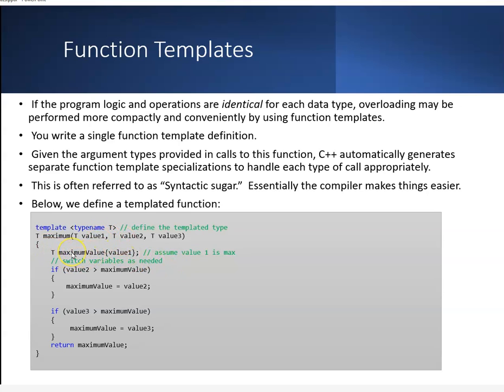Here, but it's of type T. We don't know the type. We don't need to. That's the thing. So we switch variables as needed. If value 2 is greater than the maximum value, then it becomes a maximum value. Similarly, value 3, and return maximum value. All of this is done without specifying a type.